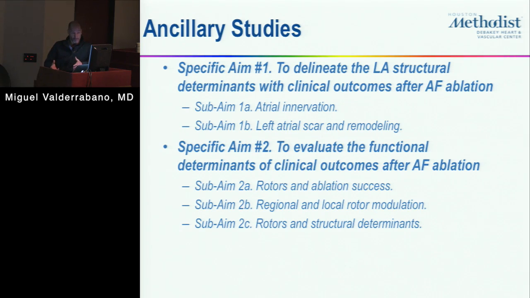Most of them will have left atrial enlargement, almost always, and almost always have increased left atrial pressure. So we wanted to characterize the structural changes that are associated with AFib, not only at baseline, but also the response to ablation, to those structural changes, and how that remodeling correlates with ablation success.